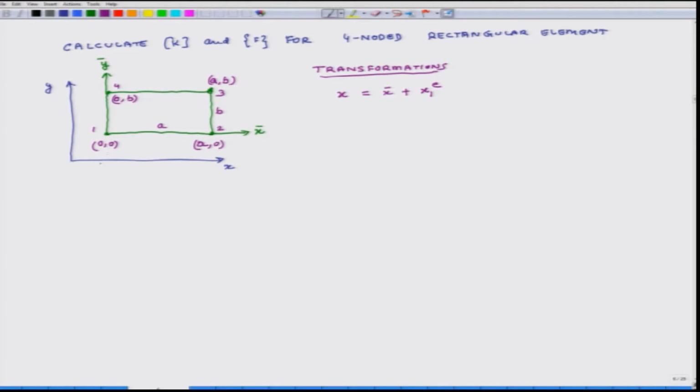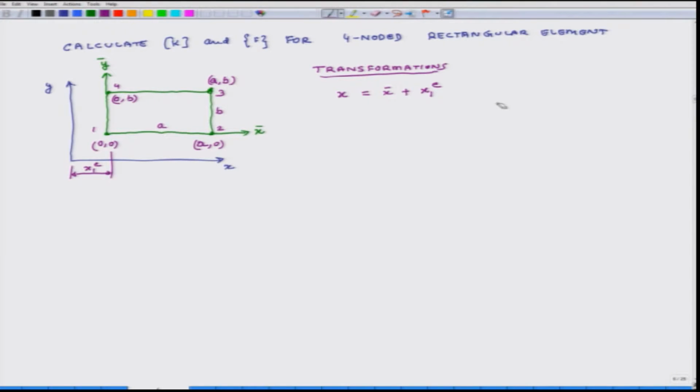It is this distance. It is the x coordinate of the first node in the global coordinate system. So, any point in the local coordinate system can be mapped to that in the global coordinate system for the x direction using this relation, x is equal to x bar plus x1 e. Agreed? Okay.